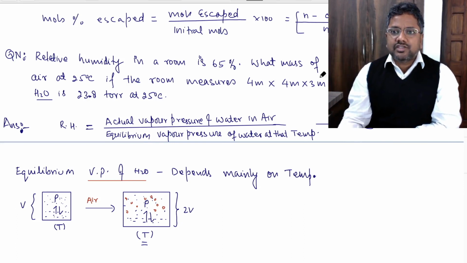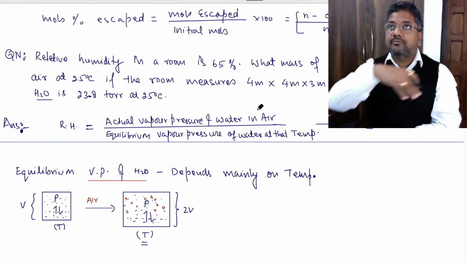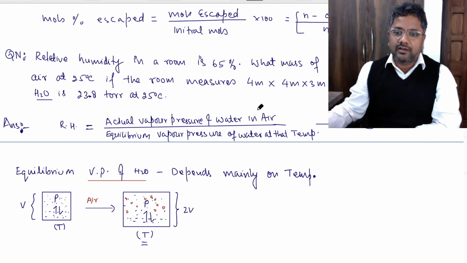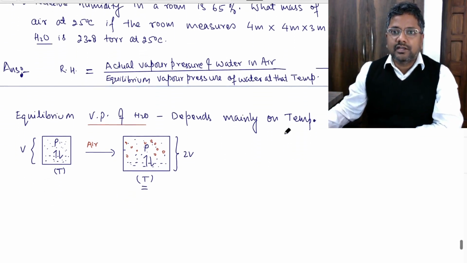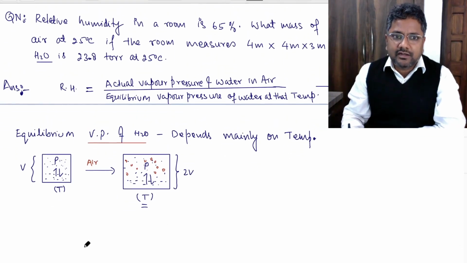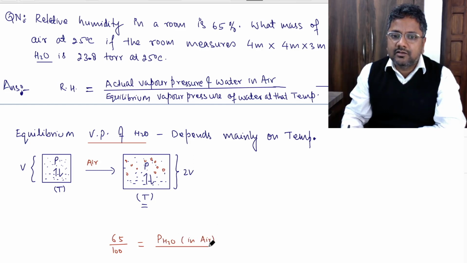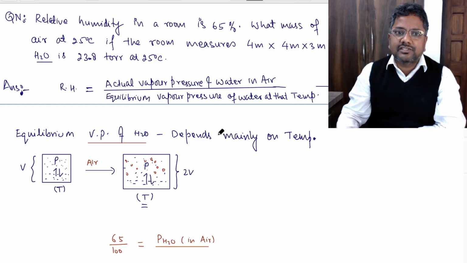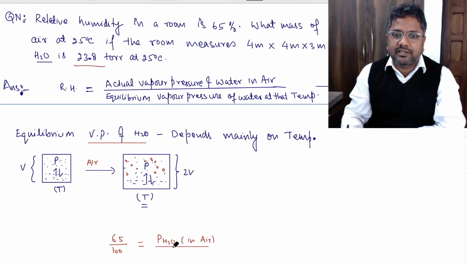So see here in this question, if you are able to calculate the actual vapor pressure, meaning the actual pressure exerted by the water vapors in the atmosphere, then you can calculate the mass of water. Relative humidity is given, so you can write 65 by 100 is equal to pressure of water in air divided by the equilibrium vapor pressure, which is given as 23.8.